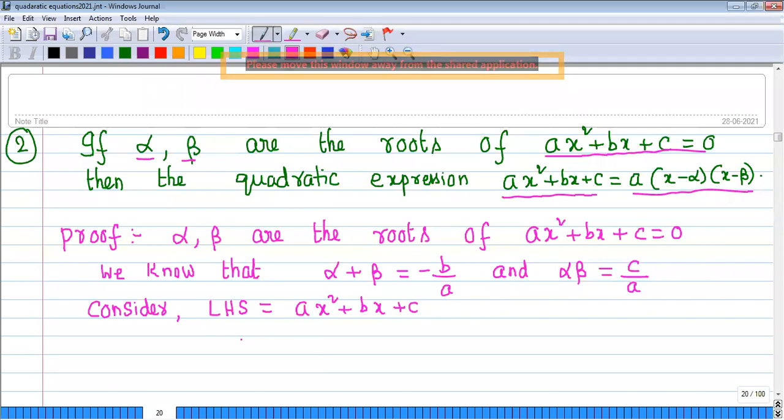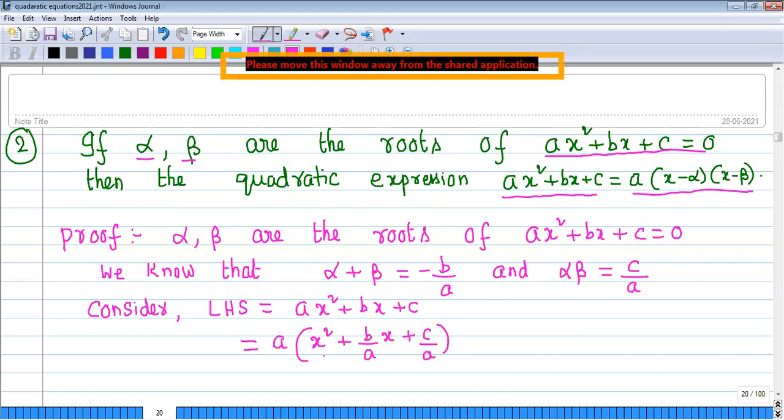Okay, now we need a. Take a common out. If you take a common out, see, very interesting. We get x square, then b upon a x, then c upon a. Once again, you just multiply a with each term.